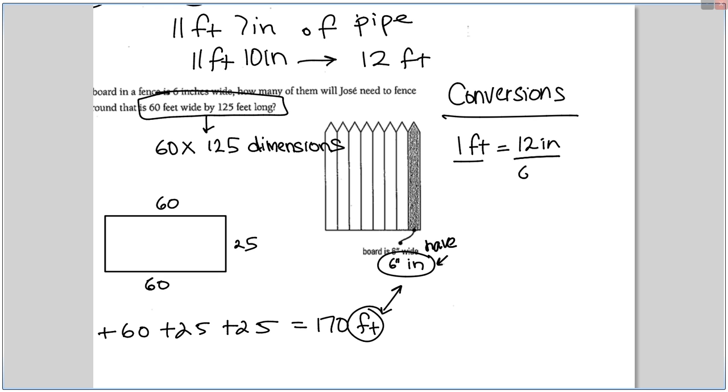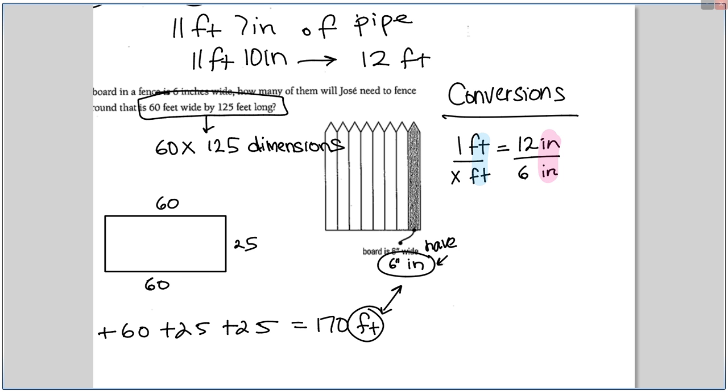So put the 6 inches on this side, because you can see that the inches line up. Now if the inches line up, you'll be able to make a proportion and solve for feet. That's what we want over there.